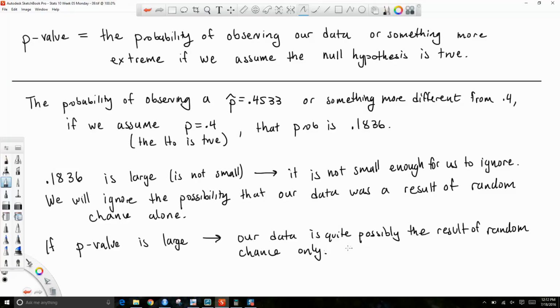And therefore we would say we do not reject our belief that the null hypothesis is true. Does that make sense? Okay, so you look at 0.1836 and you say, well, that doesn't seem big, but it's non-negligible, okay?